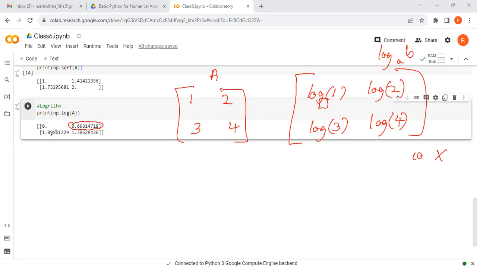So I think this is the natural logarithm, log e. Yes, that's correct. Now it's correct. So this is the natural logarithm.